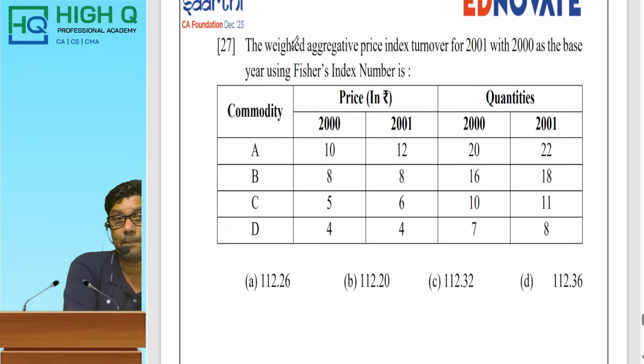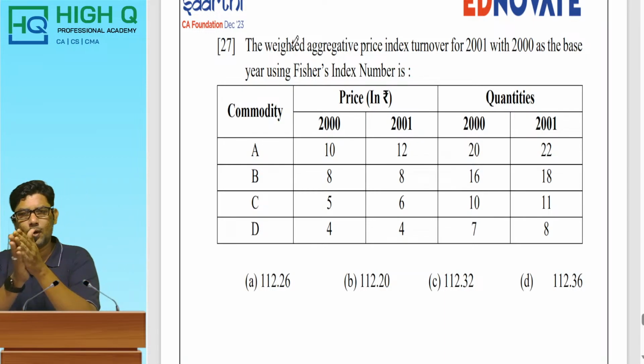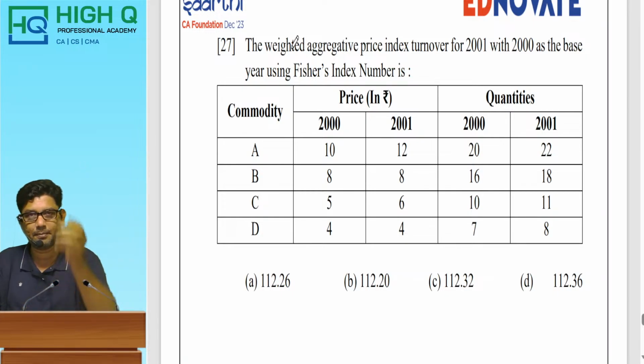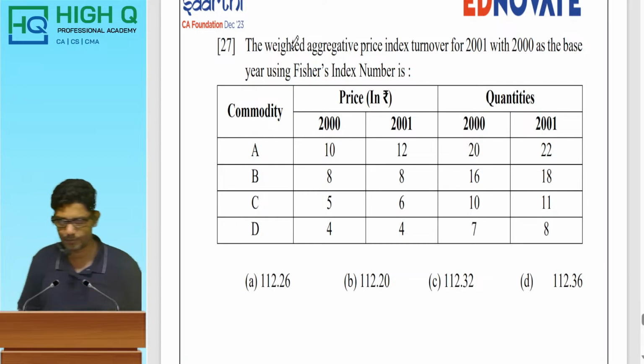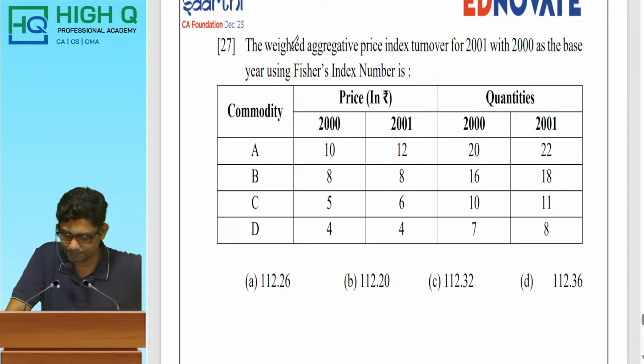It is given that the prices of quantities are changing. If prices increase in the same ratio, obviously Laspeyres and Paasche remain the same because quantity remains constant.